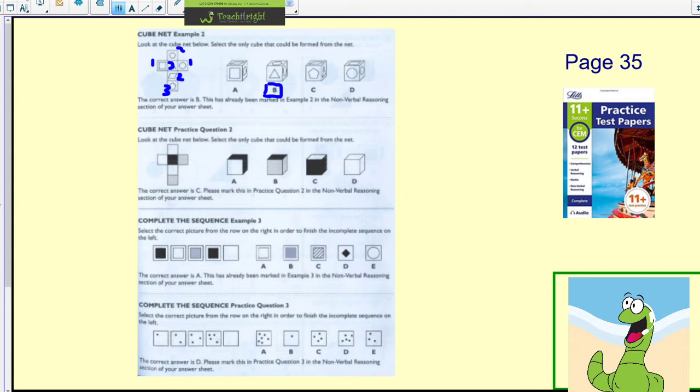The correct answer is A. This has already been marked in example 3 in the non-verbal reasoning section of your answer sheet. Complete the sequence. Practice question 3. Select the correct picture from the row on the right in order to finish the incomplete sequence on the left. The correct answer is D. Please mark this in practice question 3 in the non-verbal reasoning section of your answer sheet.